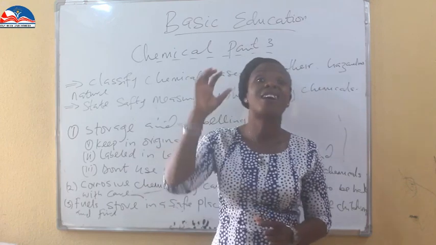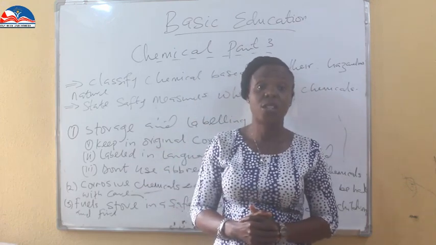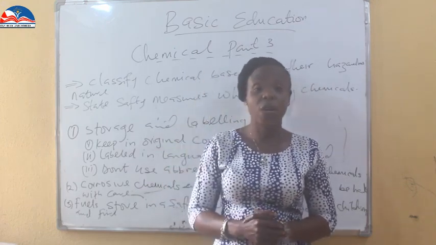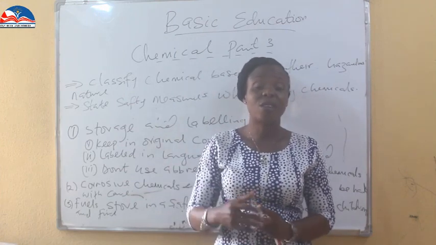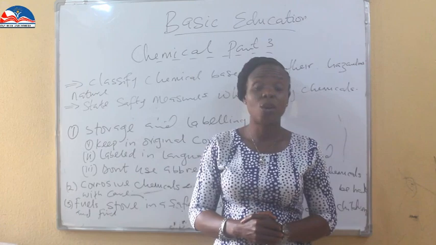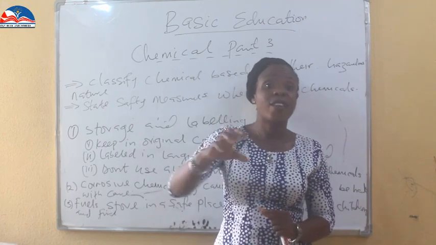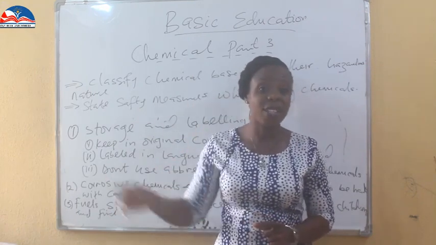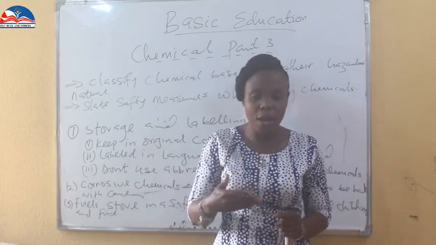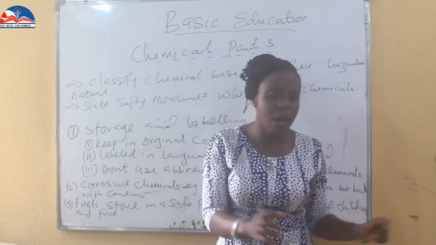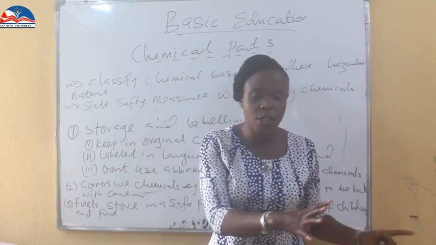If it is acid, write acid. If it is chlorine, put chlorine. If it is caustic soda, caustic soda. If it requires you putting underneath, very dangerous, very hazardous, very toxic, put it there. That will make people aware, oh, this I should keep aside. This I should not touch.